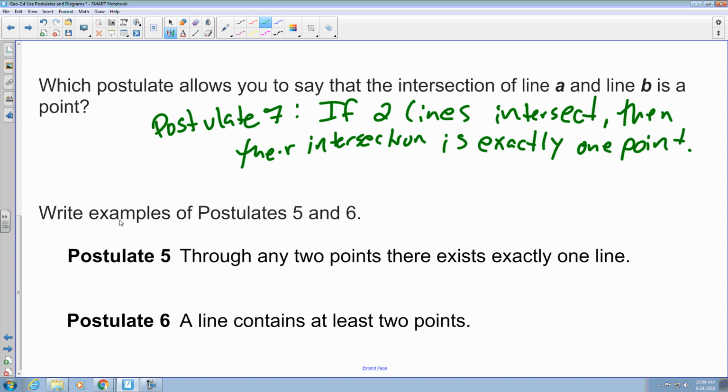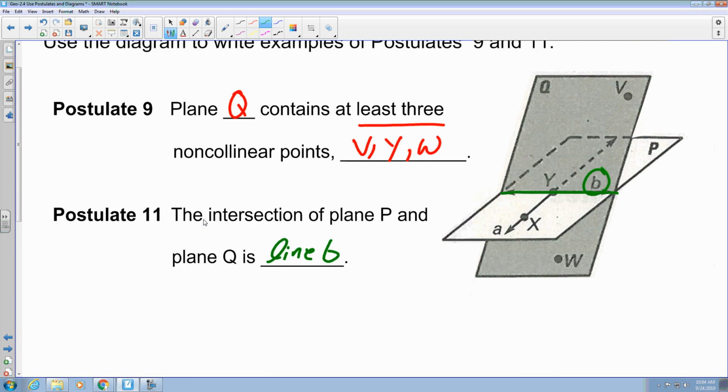Using the diagram up here, repeating what postulate 5 says, through any two points there exists exactly one line. If you look at line A right here, two points pass through it.